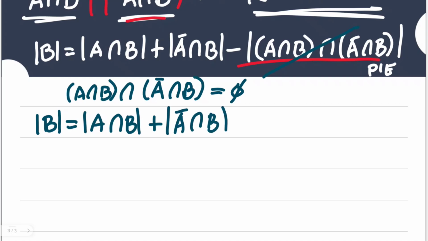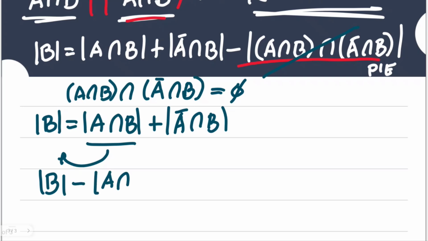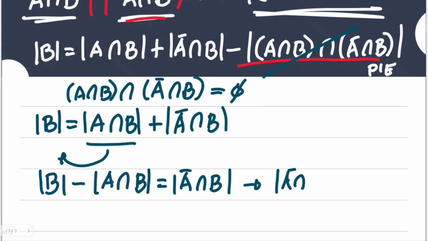Now, if we move this to this side, you will have the cardinality of B minus the cardinality of A intersection B is equal to the cardinality of the intersection of A complement and B, or by symmetric property, we will have this form, and this is the proof for the identity presented here using the Venn diagram.